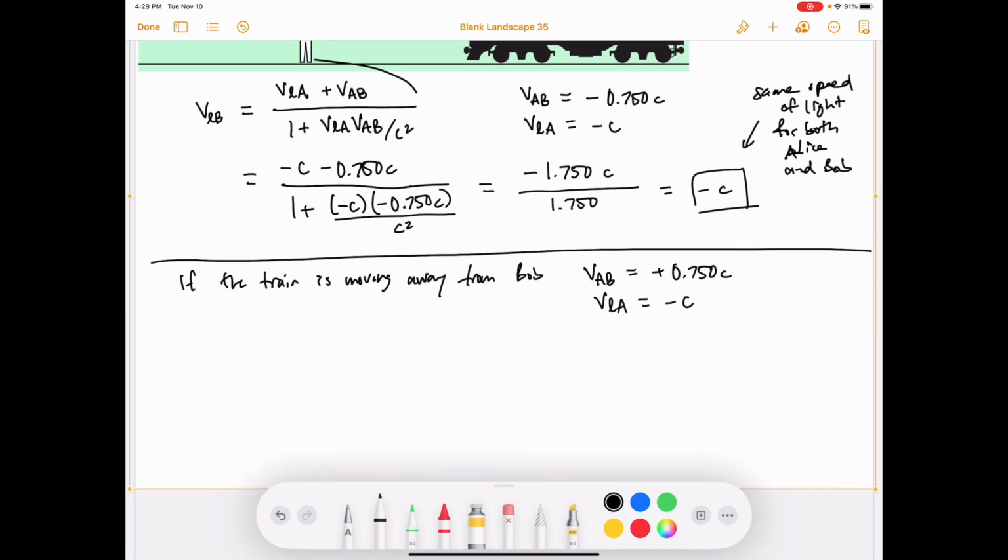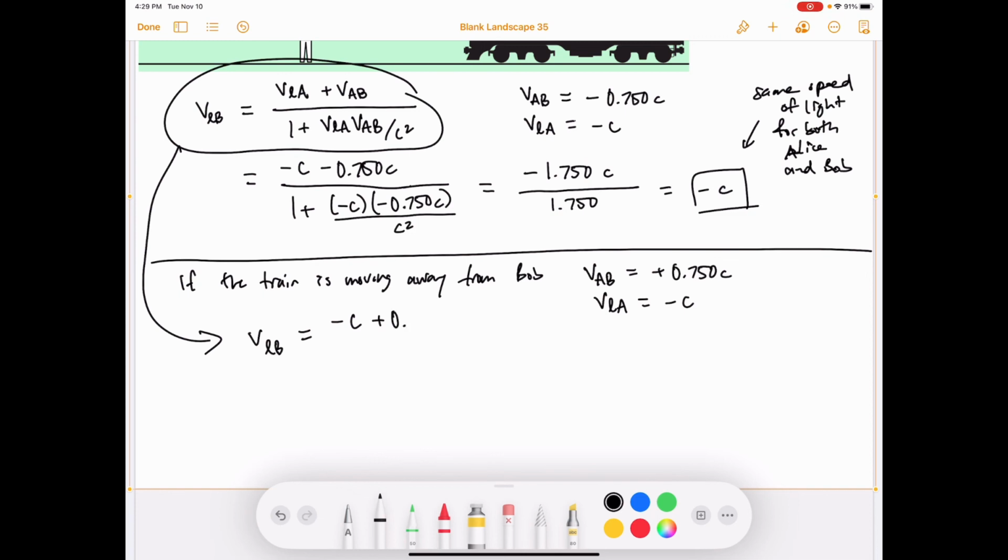And we'll use the same exact equation as before to calculate VLB. So we have VLA, that's minus c. We have VAB, that's plus 0.750 c. And we're dividing that by 1 plus minus c times 0.750 c over c squared.